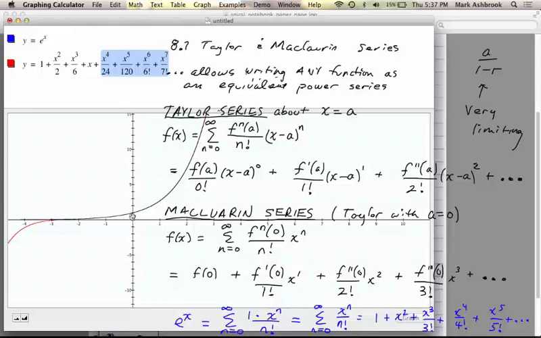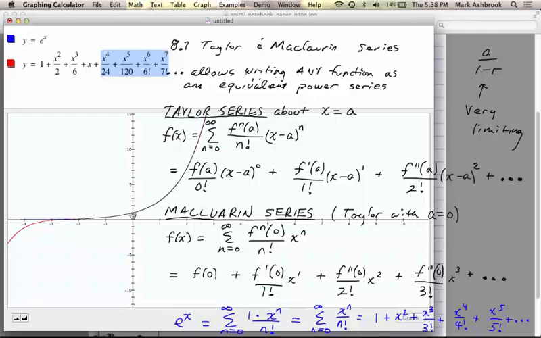It's going to be exact at 0, and then as you add more terms, it will get more accurate away from 0. So if we did e to the x and centered it around x equals 2, then it would look really close at 2, and it would work its way out from 2 as we added more terms. That would be the Taylor series about x equals 2.